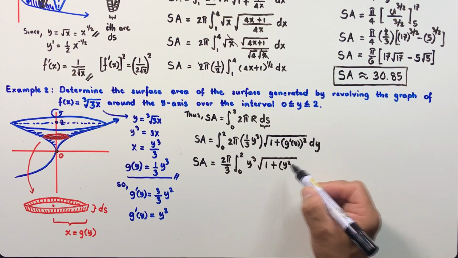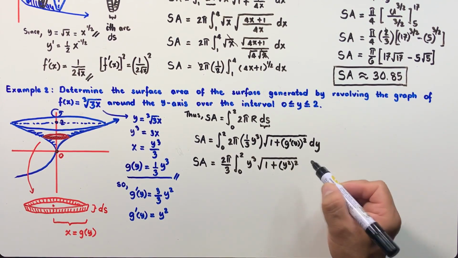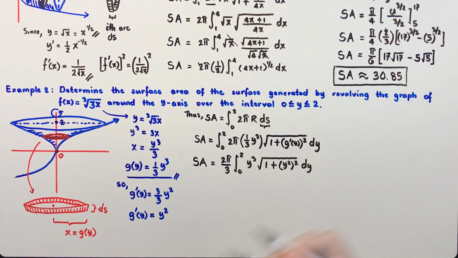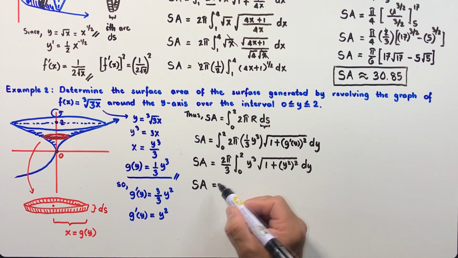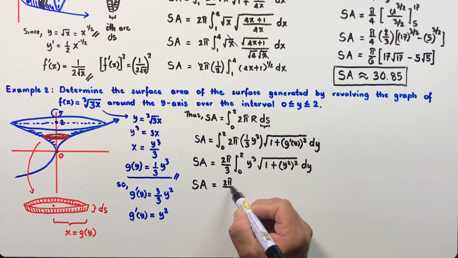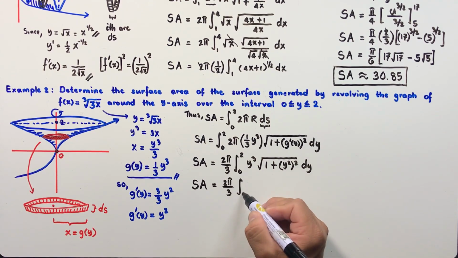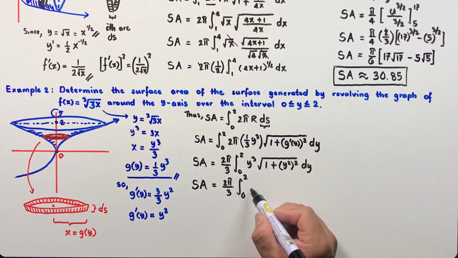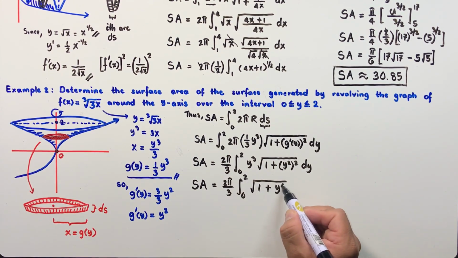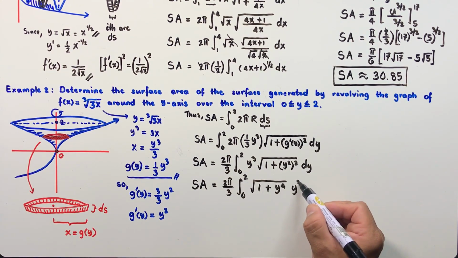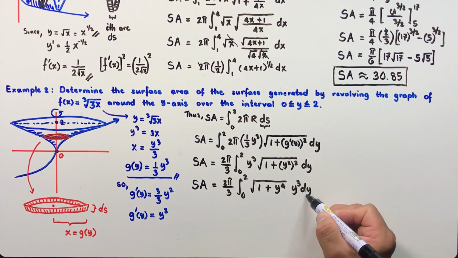So this is y squared raised to the second exponent here. And rewriting this expression, we have 2 pi over 3 times the integral from 0 to 2 of the square root of 1 plus y to the 4th times y cubed dy.